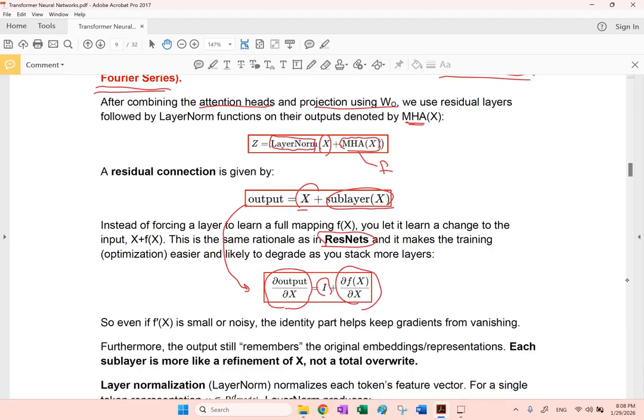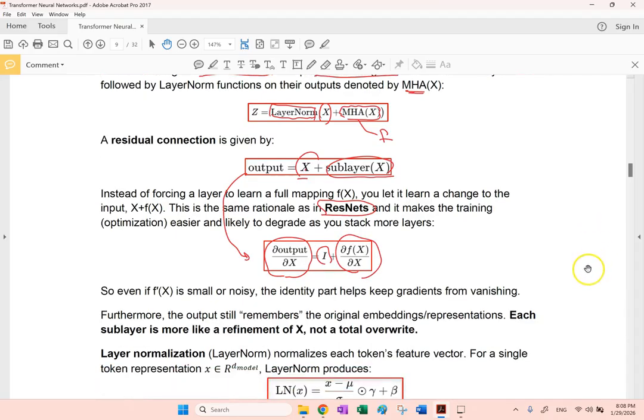Now what's good about it? This is the good part. Sometimes the output of that multi-attention head f, or MHA of x, barely changes as you change your input tokens or sequence. In other words, this partial derivative is something small.